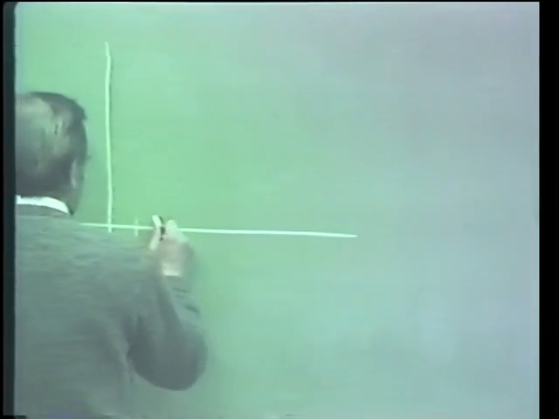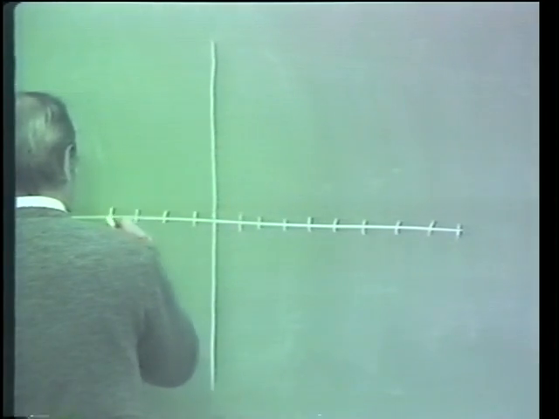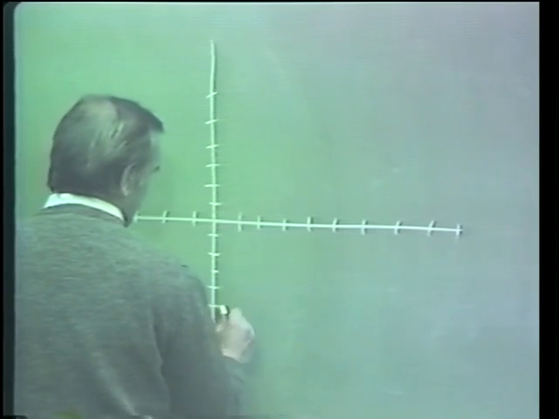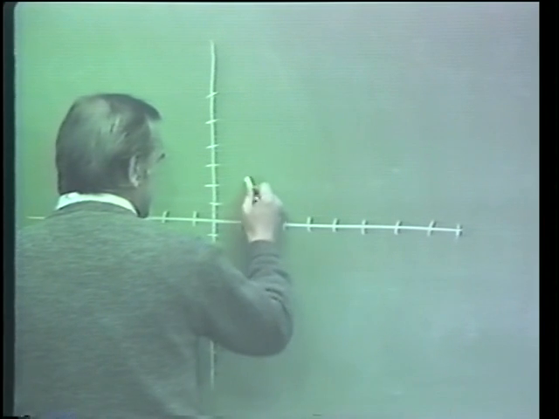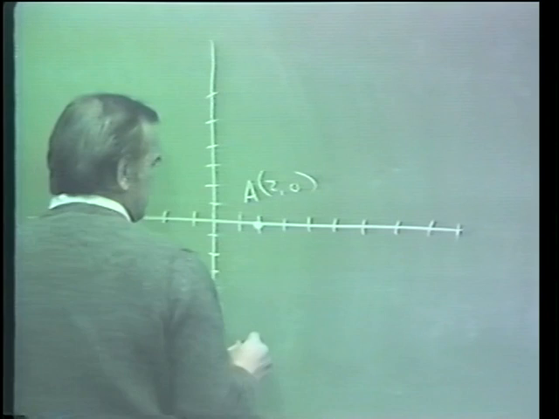Let's suppose I have my Cartesian system and I have a point A here on the x-axis, and A is (2, 0).